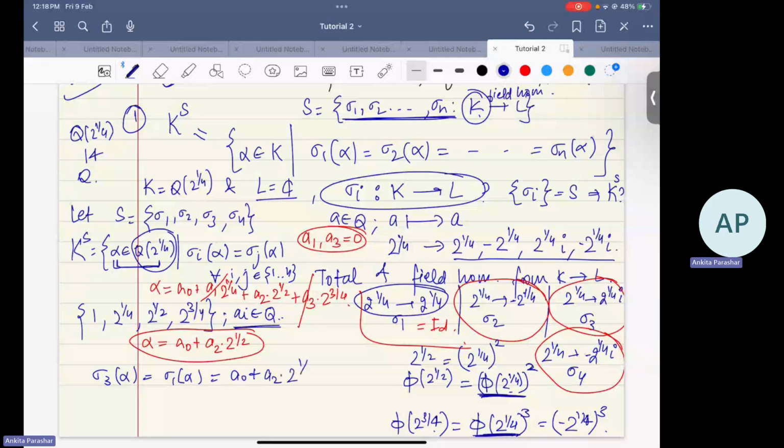If you see, maybe let's go here. Notice that, in the first part itself, when you have sigma 2 as Q root 3. So what is the structure of the field now? Let's say this contains Q and this is contained in K, which is Q root 3. This is what we have.